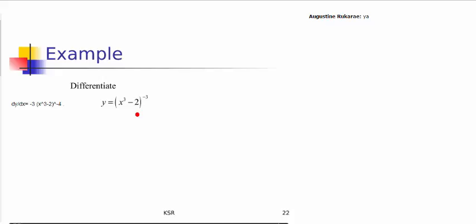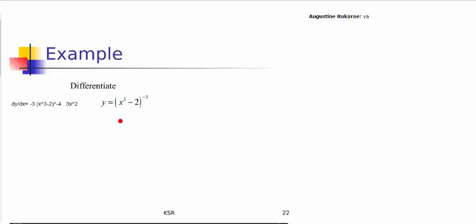Then the rule says we're going to multiply by the differential of the inside function. If I differentiate x cubed minus 2, what do I get? 3x squared, and for minus 2 this will become 0, because when we differentiate a constant we get 0. So that will be the answer for this particular question.